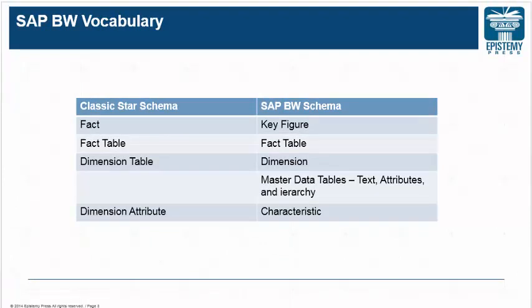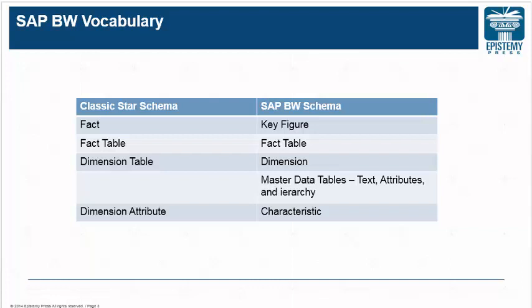SAP has a slight naming difference from that star schema. So when we say a fact, like a key figure, as I said, SAP actually says it's a key figure. They don't say a key performance indicator, but they call it a key figure, which is, as we said, an important value that the organization tracks, because it is tied to its strategic performance.